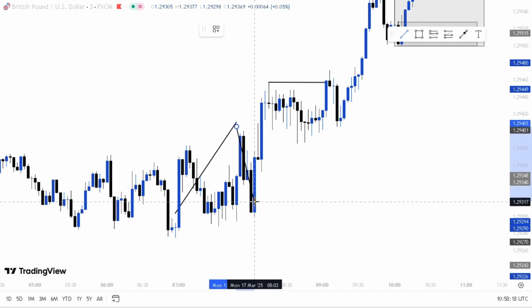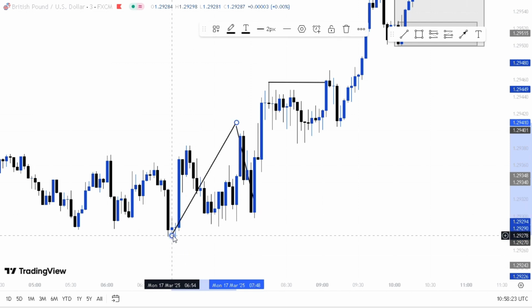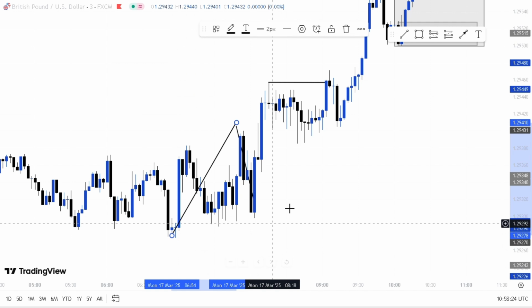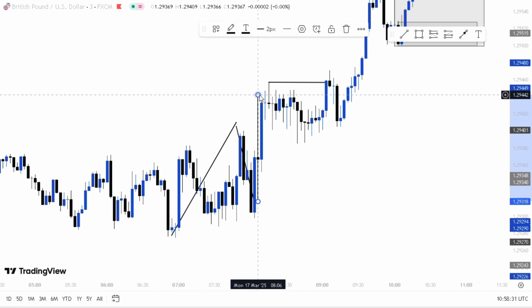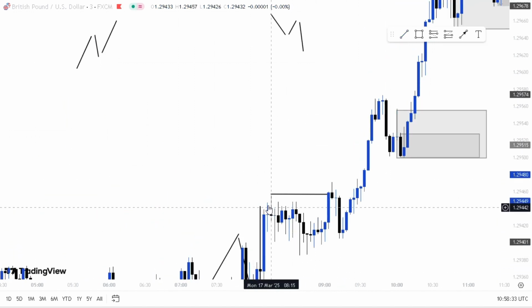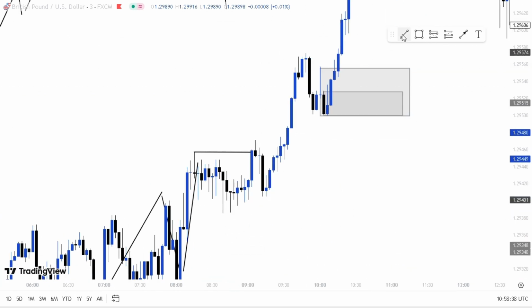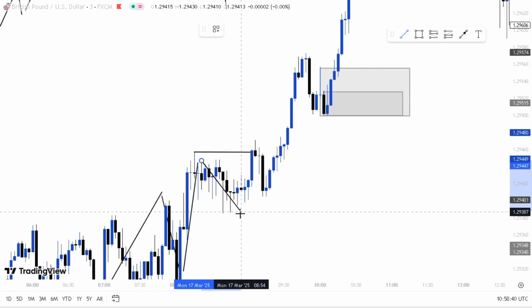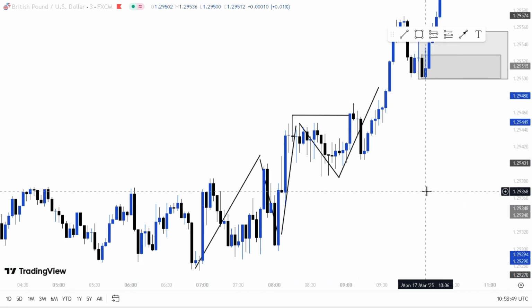What I want you guys to note is that it doesn't break this low. Doesn't break that low. Goes down, doesn't break that low, but then skyrockets, moves up. Basically, this is all the market does in a bearish market.